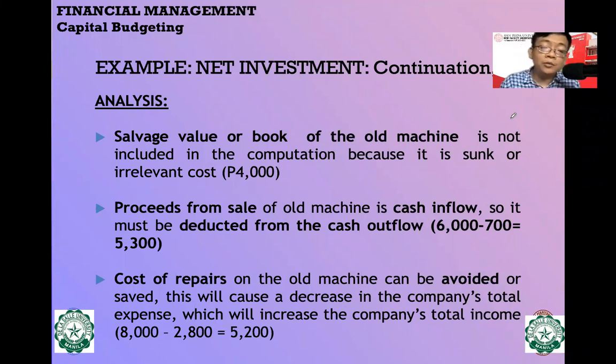So it must be deducted from the cash outflow because you have a 700 gain. Again, proceeds from the sale of the old machine is cash inflow. You will just minus the gain. Take note of the last bullet. Cost of repairs on the old machine can be avoided or saved. This will cause a decrease in the company's total expense, which will increase the company's total income. So 8,000 minus 2,800 equals 5,200. Alright.